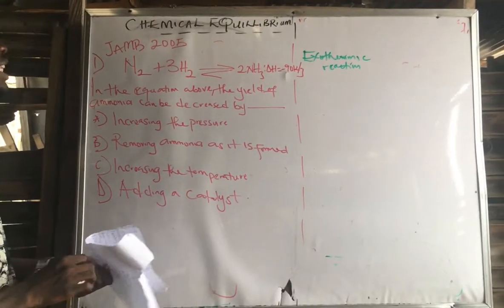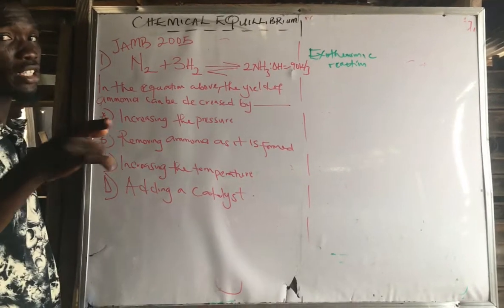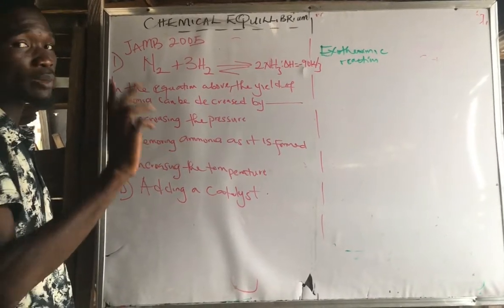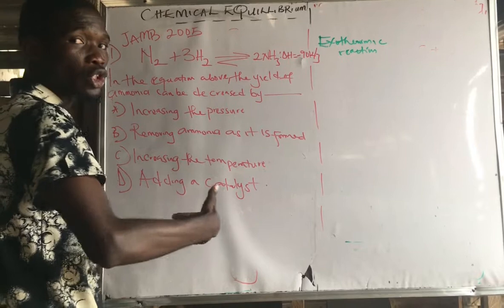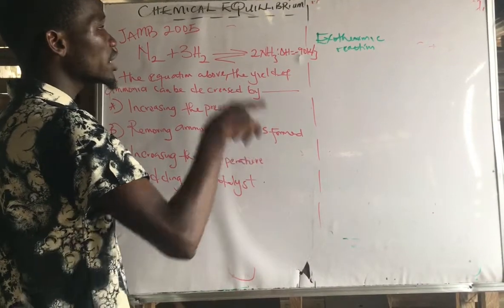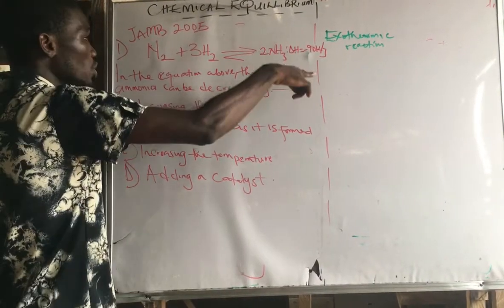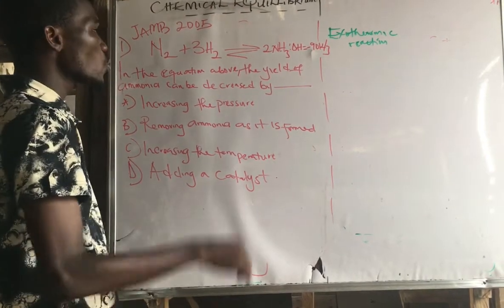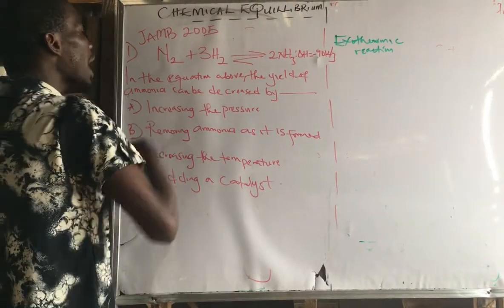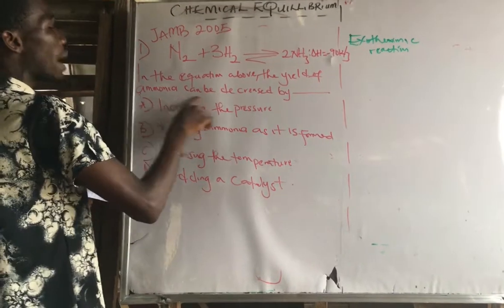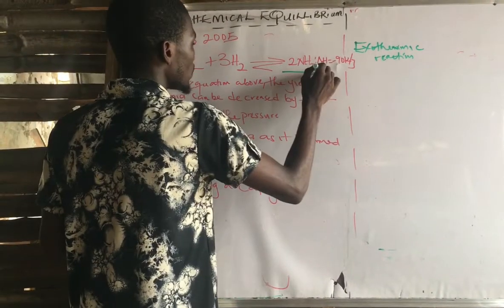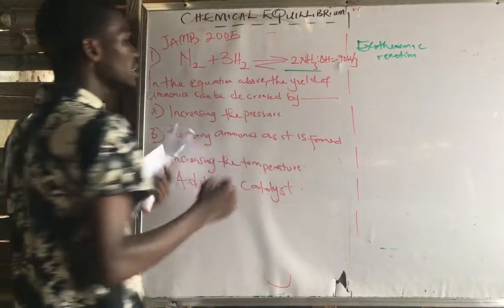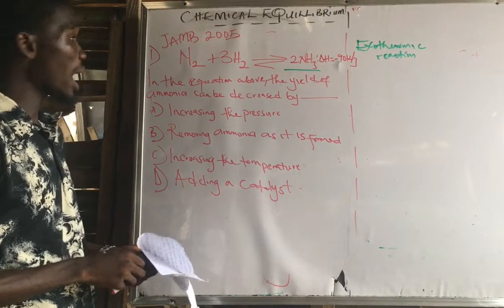And anything that is an exothermic reaction, don't forget that when I was explaining the effect of temperature according to Le Chatelier's, the one with a negative sign favors the forward reaction when there is a decrease in temperature. So now they said in the reaction above, the yield of ammonia, this is our ammonia, can be decreased by what?